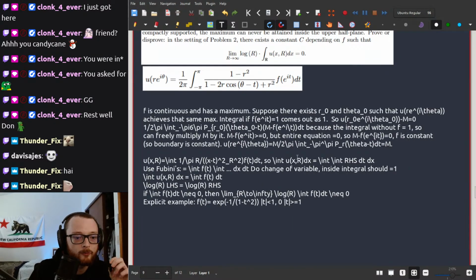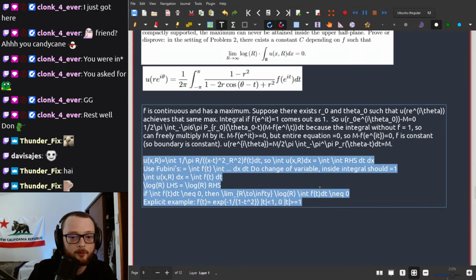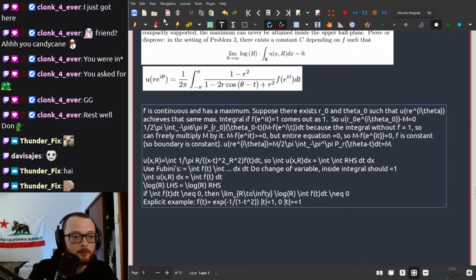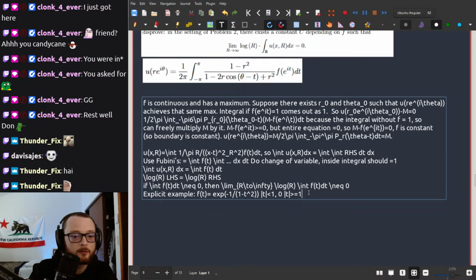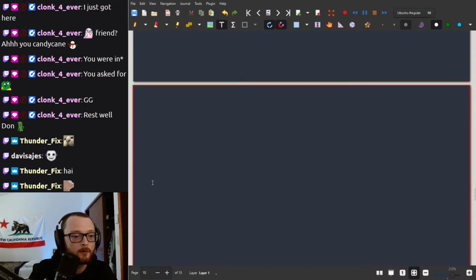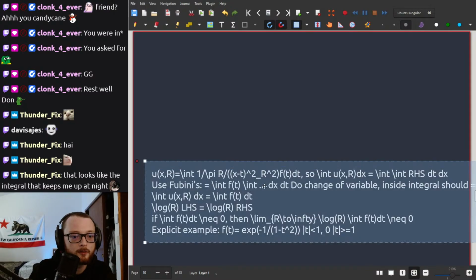So these are some notes I was hurriedly taking during office hours a few hours ago this morning. I need to organize this better. Let's put this down here.